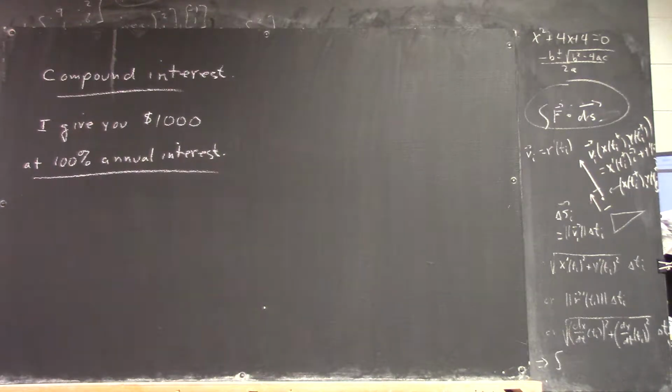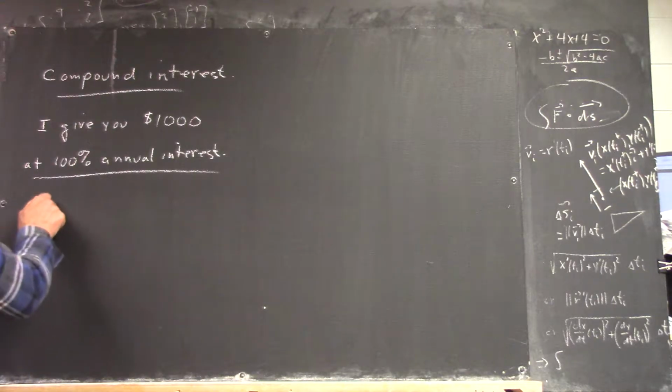So the first year, how much interest do you get? 100%. How many dollars of interest are you going to get? Well, you gotta take the thing and do the thing. 100% of 1,000, right? Okay?